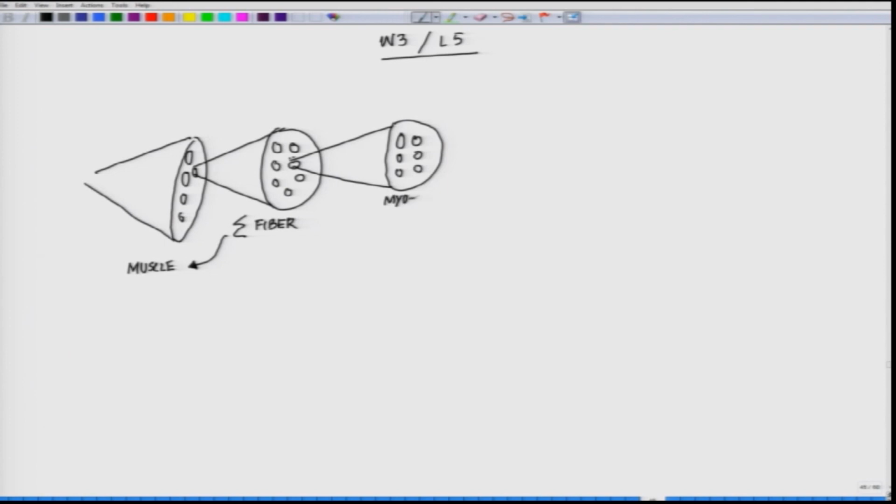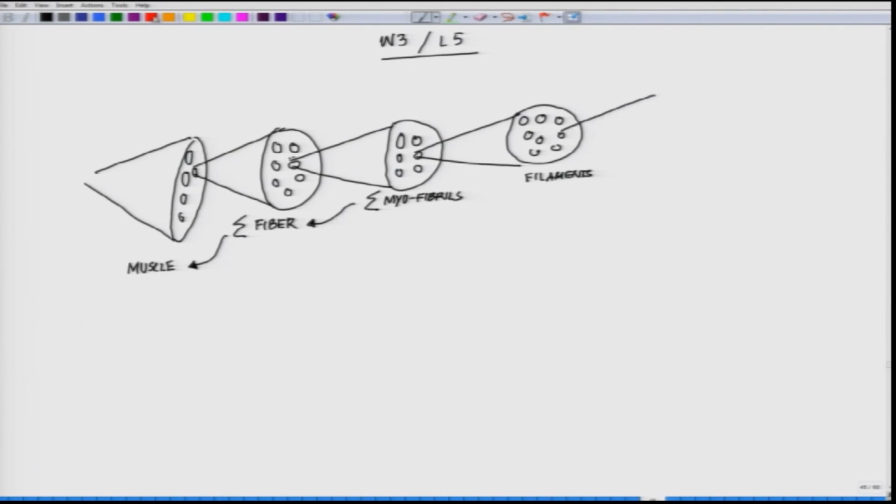Myo meaning muscle and fibrils, myofibrils making fiber, fine. From the myofibrils we have now narrowed down our search to filaments, thick filament and the thin filaments.